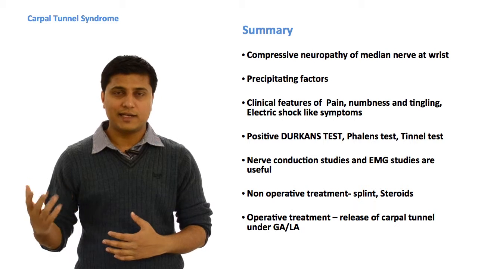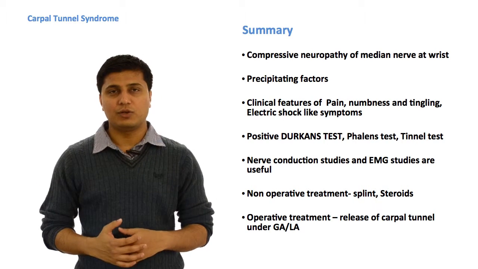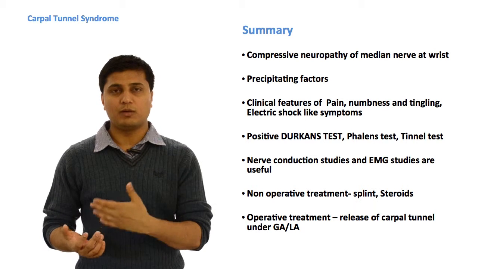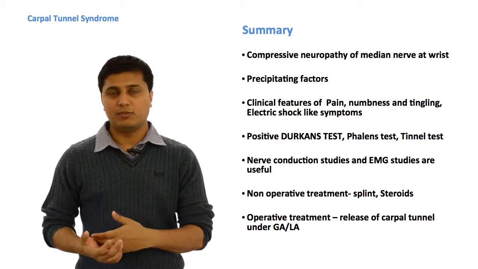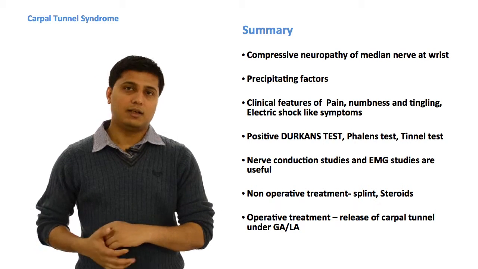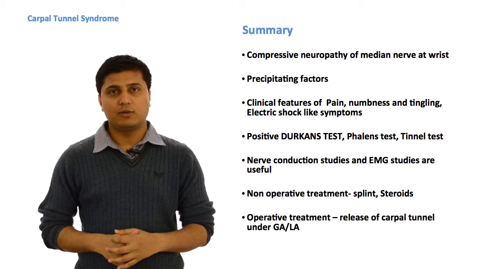Conservative measures include night splint, anti-inflammatory medication, and injection of local steroid into the carpal tunnel, as well as operative treatment, which is either open or arthroscopic method. Commonly, the open method of releasing the carpal tunnel is used, as we discussed already. So, this concludes the topic of carpal tunnel.